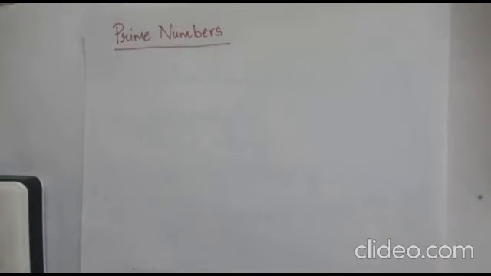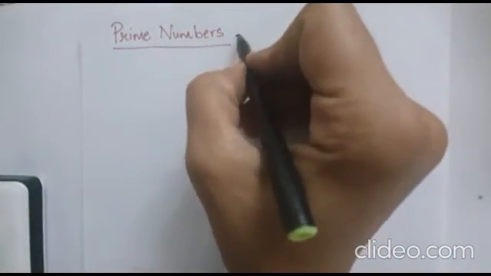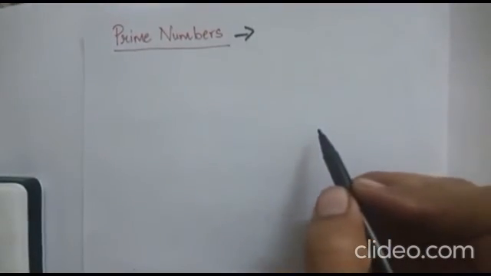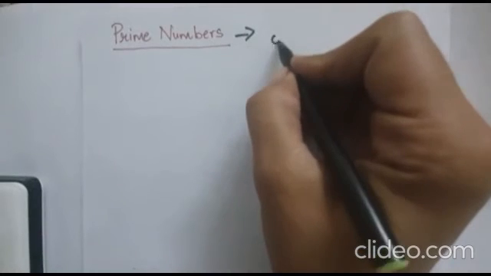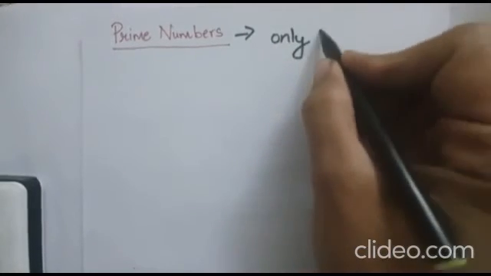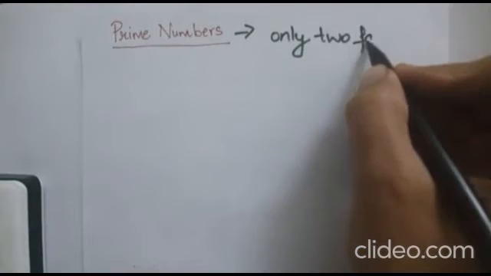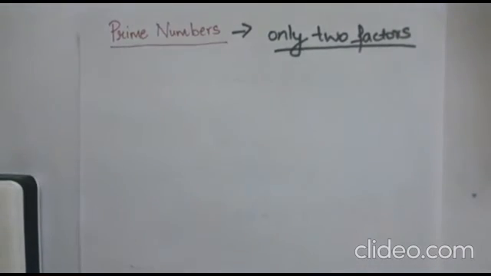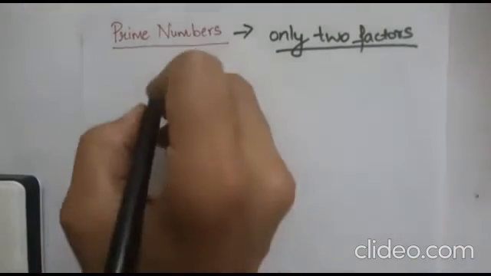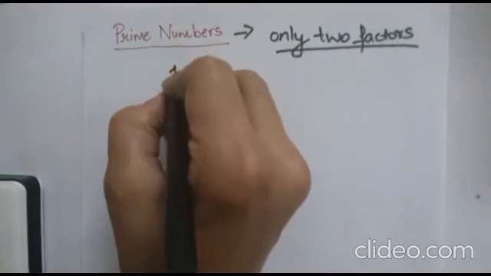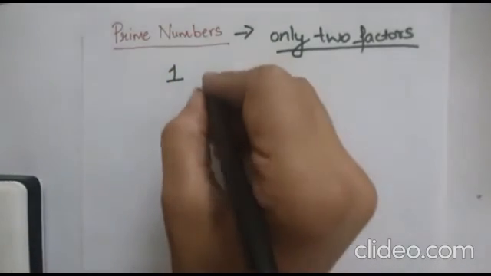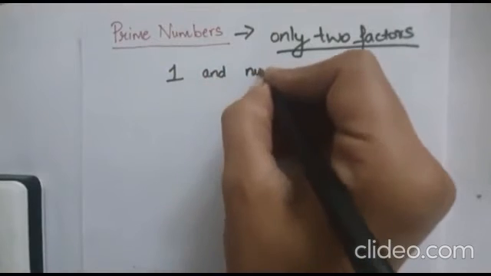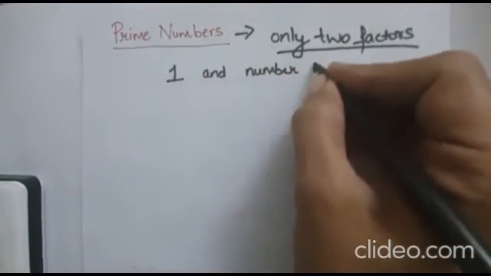Now let us discuss what are prime numbers. The prime numbers are those numbers which have only 2 factors, and those 2 factors are 1 and the number itself.